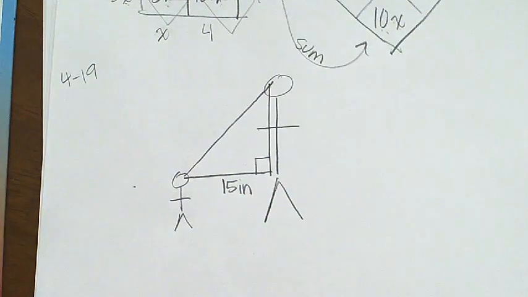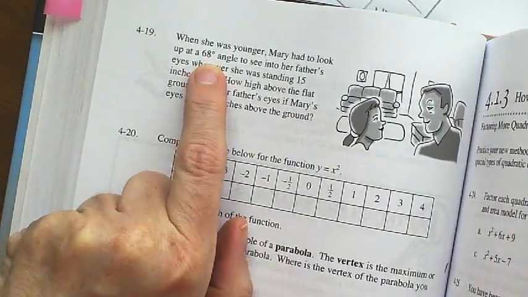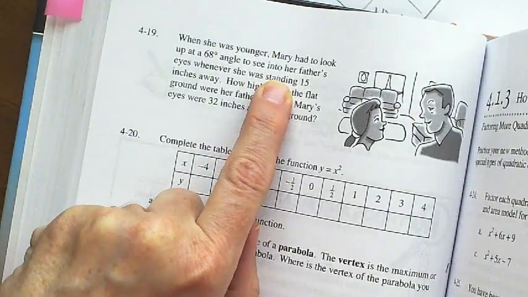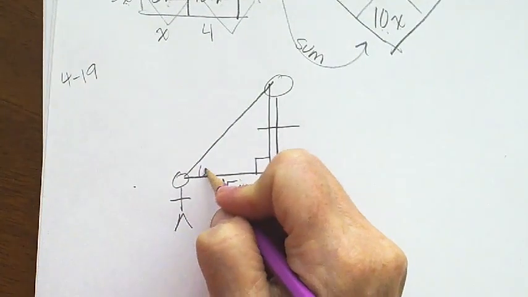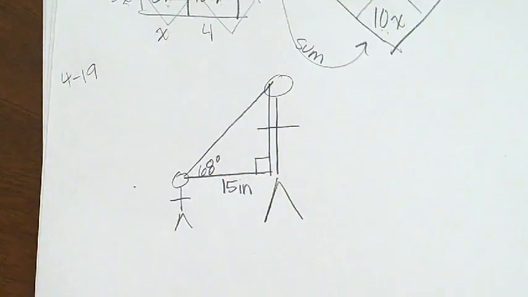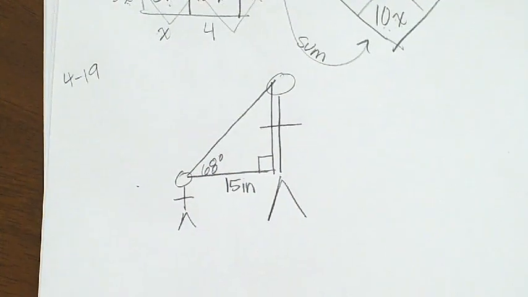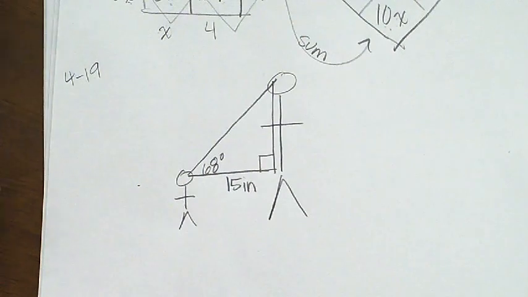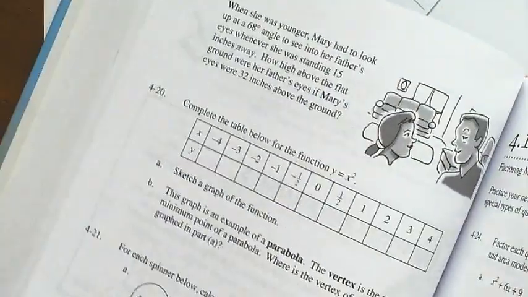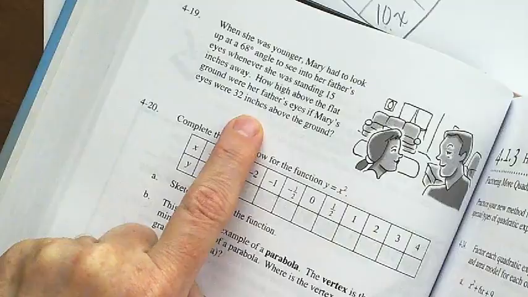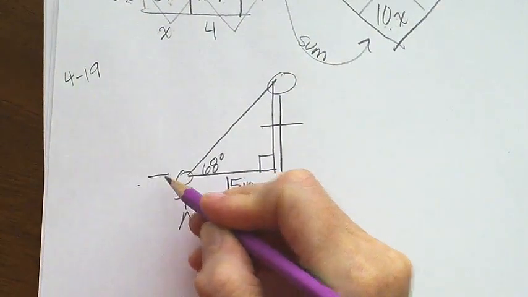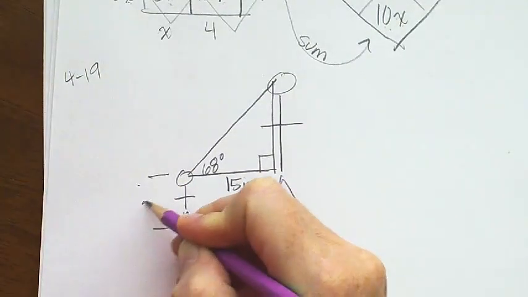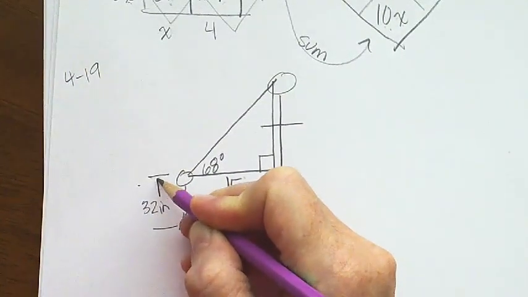And it said she had to look up at a 68-degree angle to see into her father's eyes. So then I know the angle of elevation is 68 degrees. And it also says that Mary's eyes were 32 inches above the ground. So this distance from here to here is 32 inches.